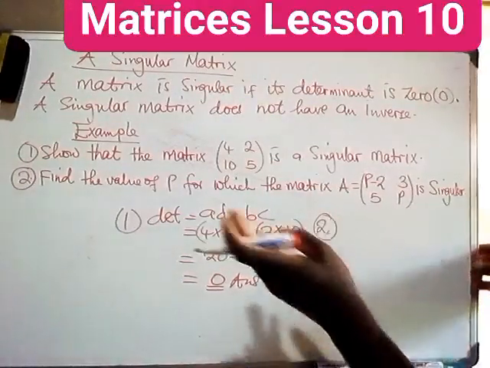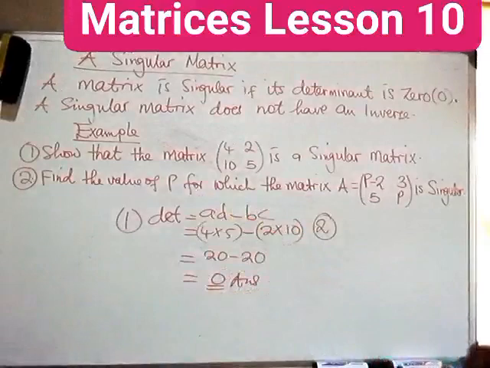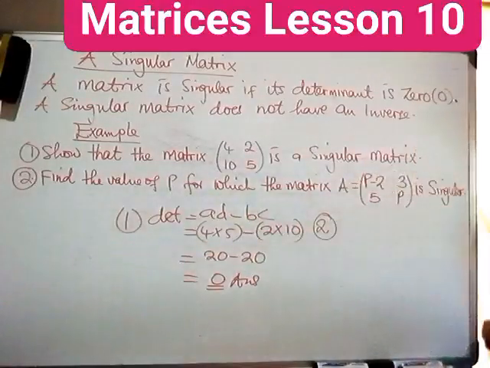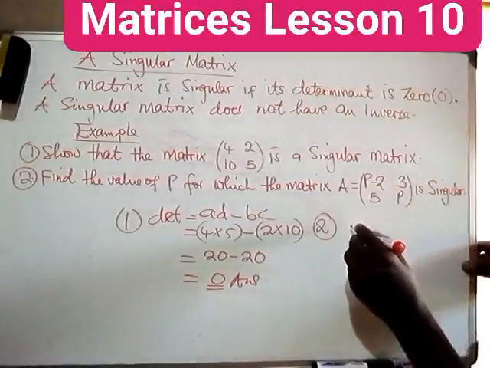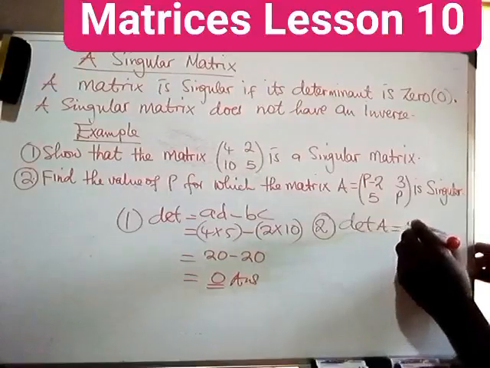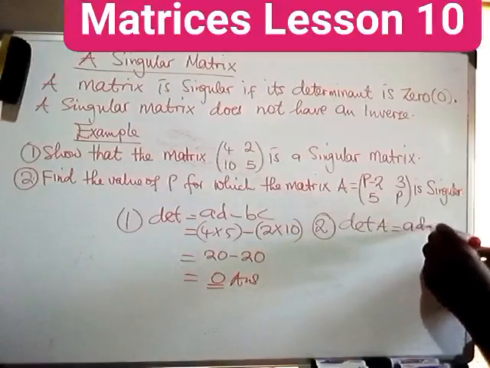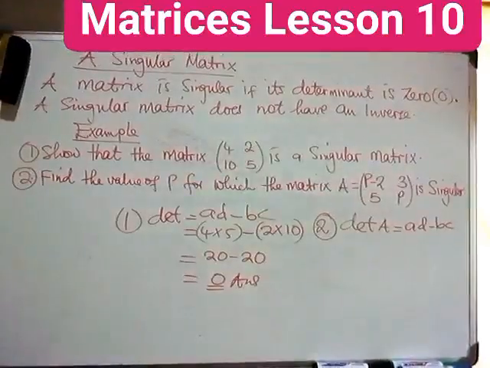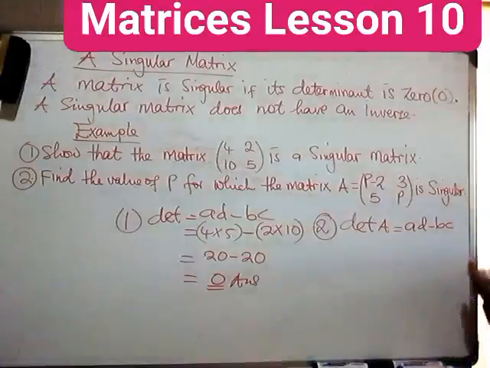Question number 2 says, find the value of P for which this matrix is a singular matrix. So you are going to say the determinant of A is equal to AD minus BC. Now we are finding the value of P given that the matrix A is a singular matrix.